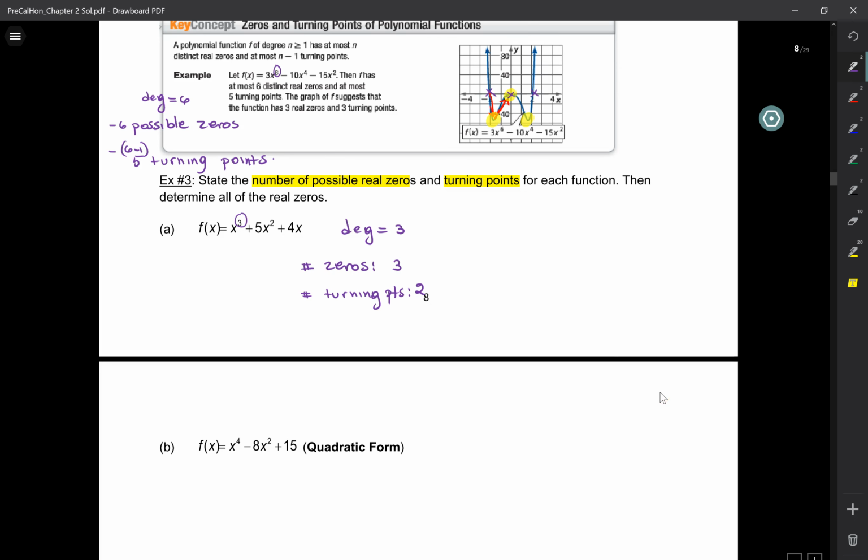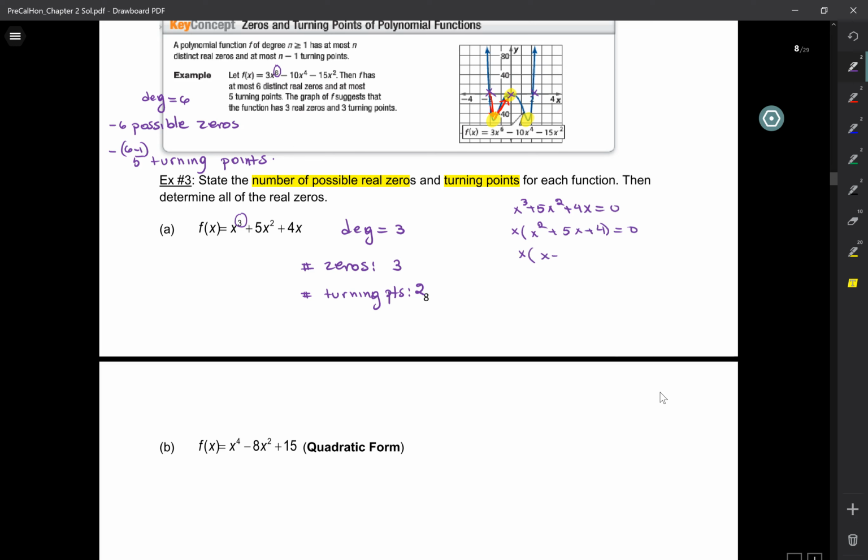All right, so we found the number of possible. Now it says determine all of the real zeros. So let's find the real zeros. So what I have to do is get the function, set it equal to 0, and now I'm going to try to factor this. So I can factor out an x, and I get x squared plus 5x plus 4 equal to 0.